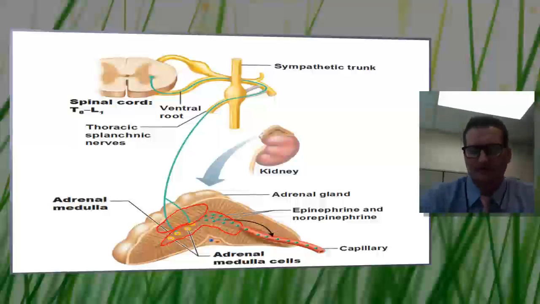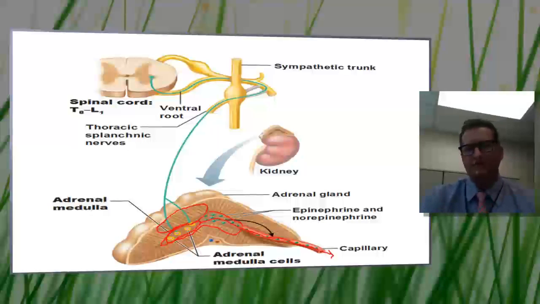So again, the cells in the adrenal medulla secrete epinephrine and norepinephrine right into the bloodstream, and this further magnifies the sympathetic response, and it's critical for survival. Fight or flight is the system that kicks in for our survival, so this is why it's important for it to be so magnified.